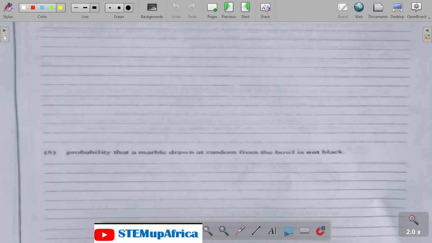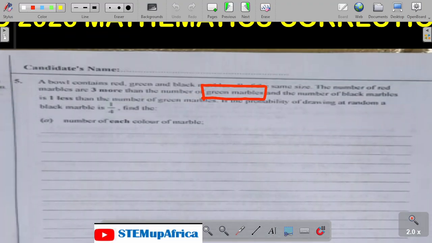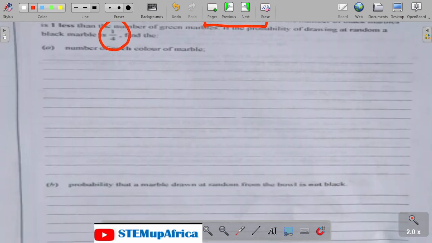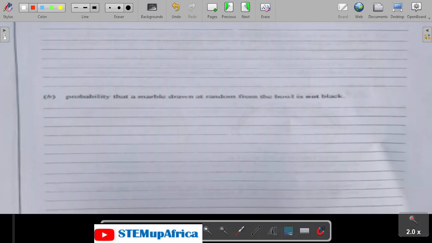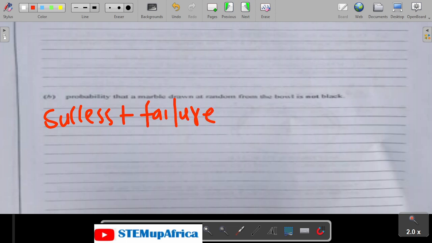So let's go to the last question. If a marble is selected, the probability that a marble drawn at random is not black. Don't forget, we are given the probability of black balls as 1 over 4. They are not asking us the probability that it is not black. We know that in probability, success plus failure is 1.